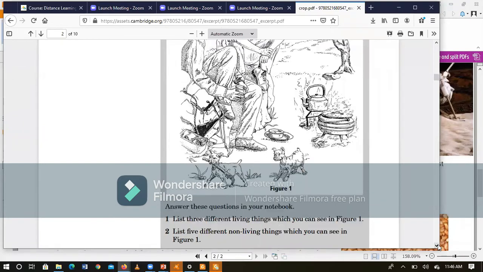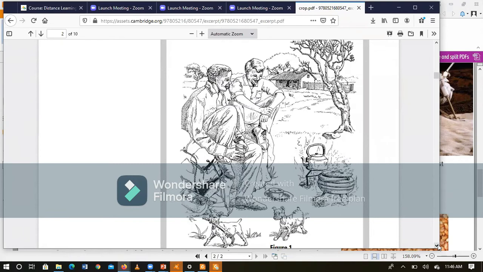So Rowan, this one is for you. Can you list for us 5 non-living things that you can see from the picture? Metal, house, metal, and plate. Which metal are you talking about? The pot, sir. Okay, the pot, yes.